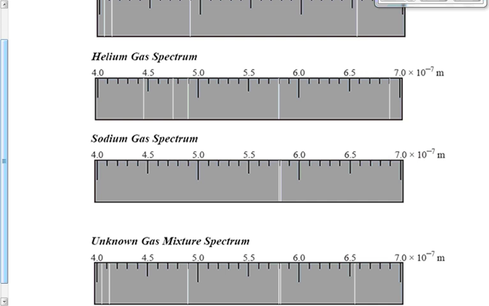All the lines of hydrogen are present in the unknown gas. Okay, this one, this one, this one, this one, four of them. But wait a second. There's something else too. So we know hydrogen is present. What else? Sodium is also present because these two lines correspond to sodium. So we've just identified an unknown gas simply by observing the spectrum that it produced. Make sense? All right, that's it for today.